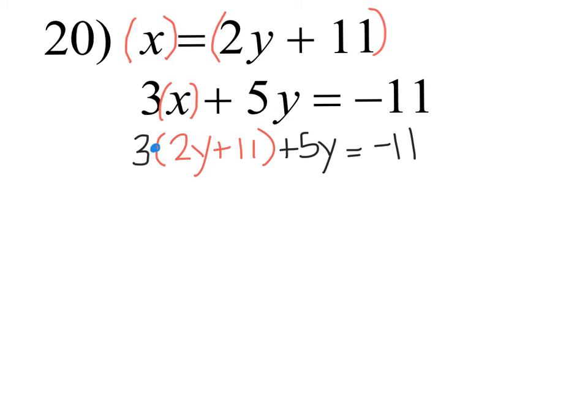So here's my invisible multiplication dot. I'm going to start here and say that 3 times 2y is 6y, and 3 times 11 is 33.